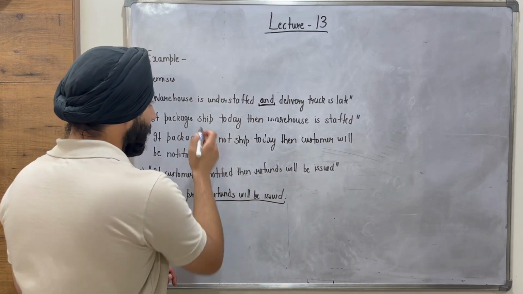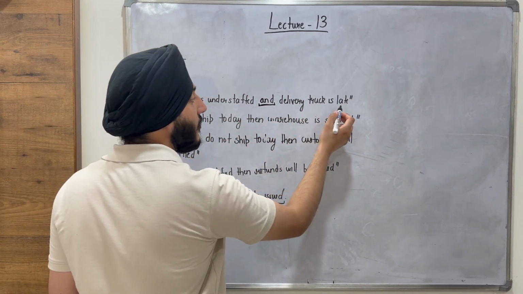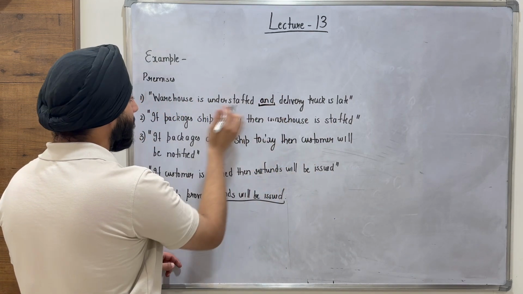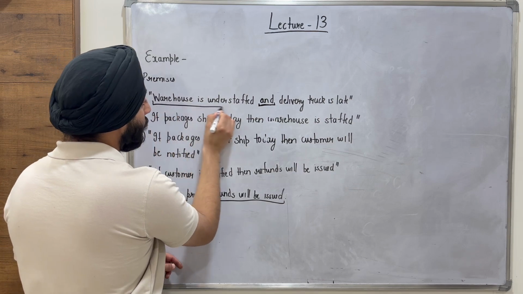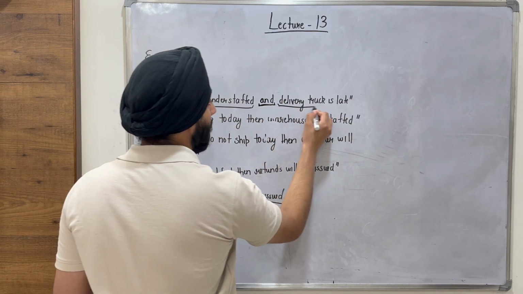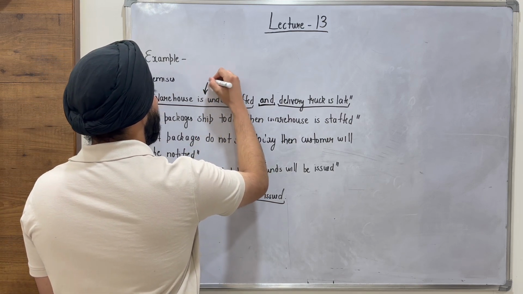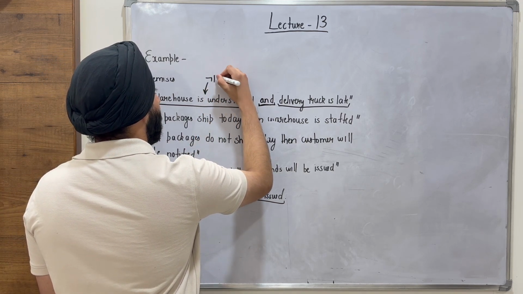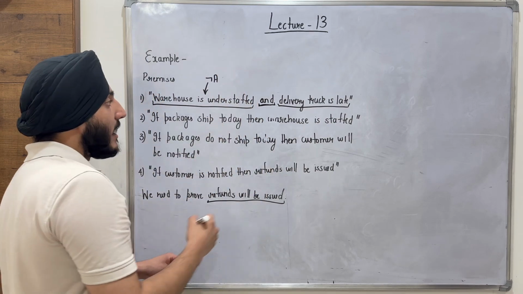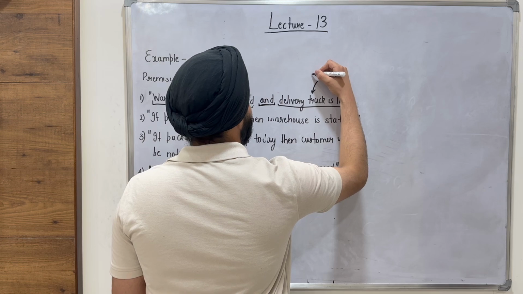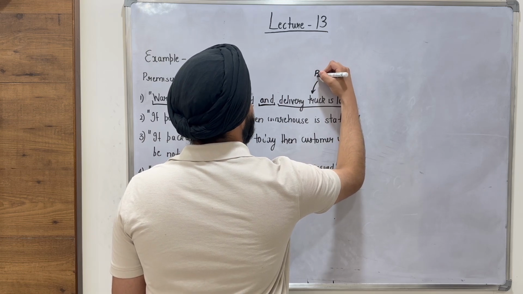I only see one and, that means these are the two propositions. This is one and this is two. Let's say this is negation of A, and then this is B in this case.